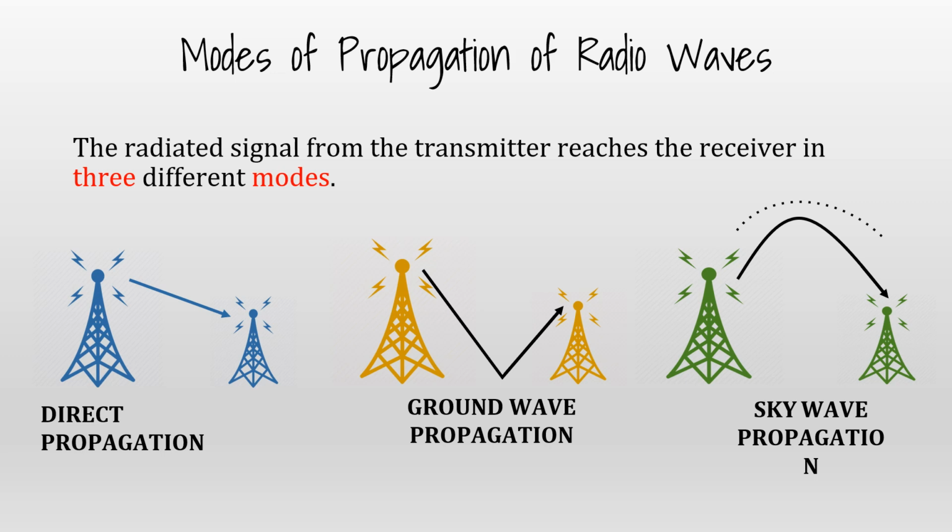Since our signal is an electromagnetic wave, when it hits this ionosphere layer, it will be reflected back to the receiver by the charged particles present in the ionosphere layer. Of course, this is not a pointed communication, but it will randomly turn the propagation down to the earth. So these are the three basic propagations of radio waves.